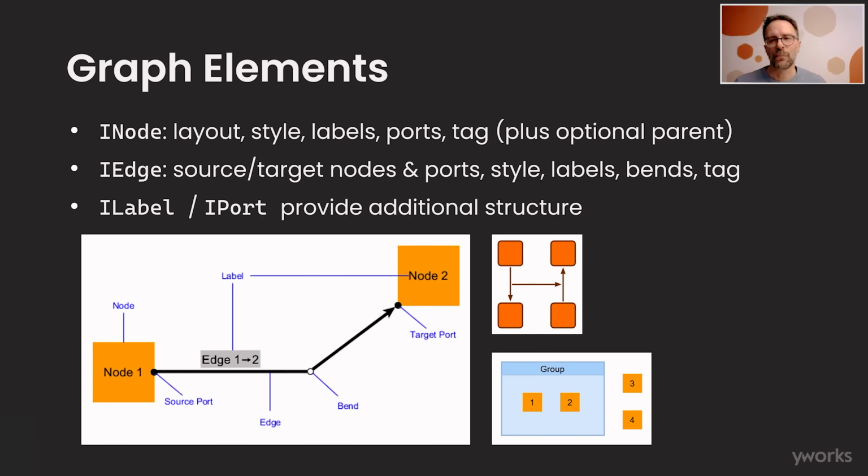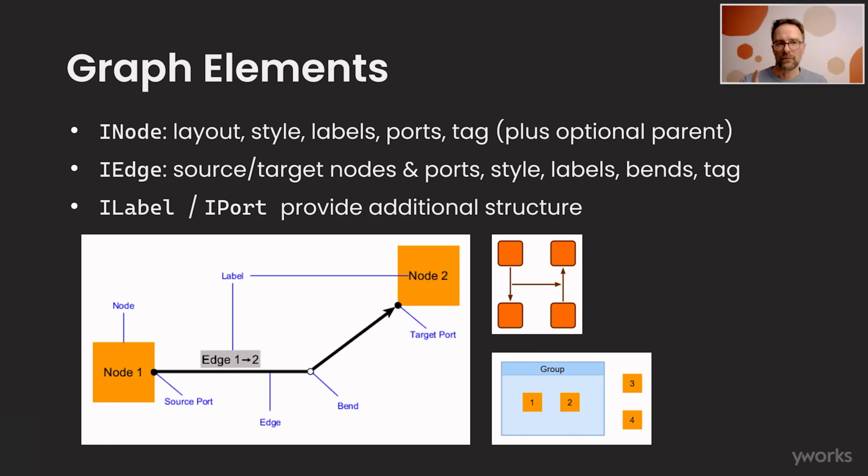Nodes can also have ports. While this port-centric model that we use in yFiles is not always required, it's helpful in many situations where you actually need to model connections from an edge to a node with respect to different ports.